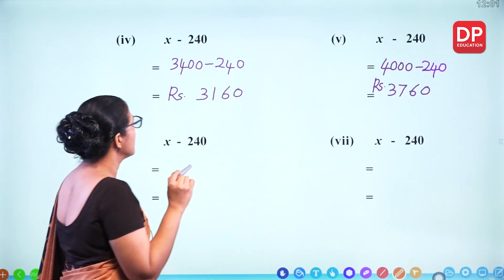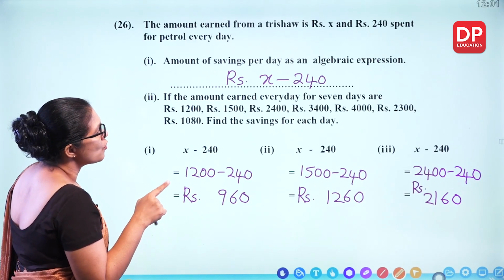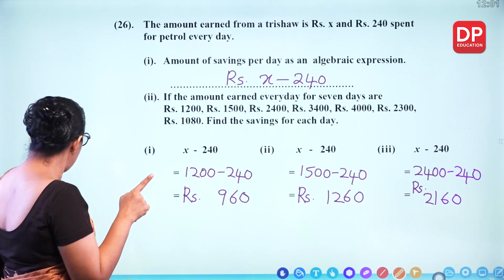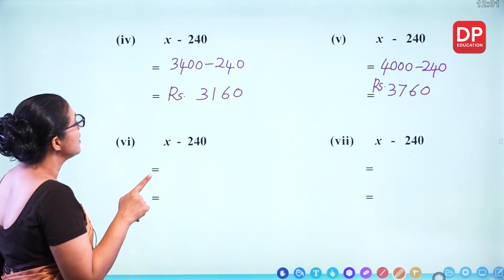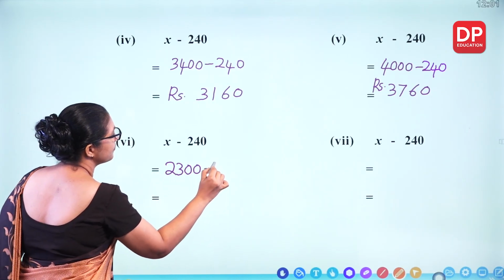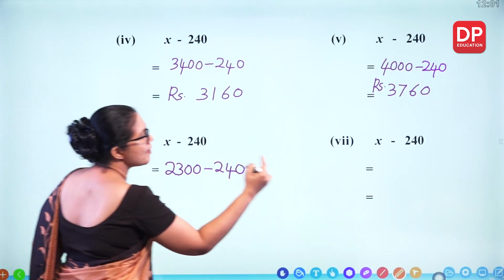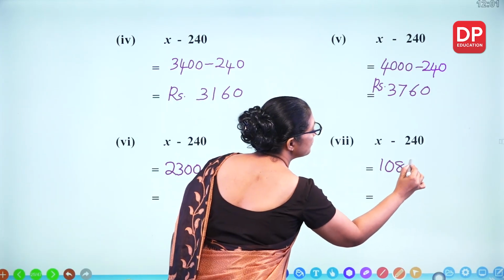It's correct. Then what's the previous number again? We did 4000, 2300 and 1080. 2300, and the other one is 1080.